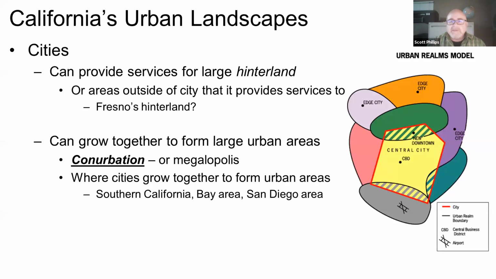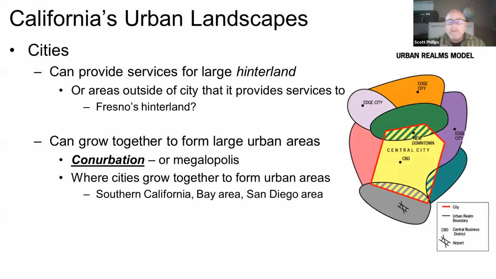And in some places, we see some good examples in California of what's called conurbation. Conurbation is where cities grow together to form large urban areas. So if you've ever driven through the Bay Area or the Southern California Los Angeles area, you don't know where one city ends and another begins. It goes on and on and on. And so that's what a conurbation is.